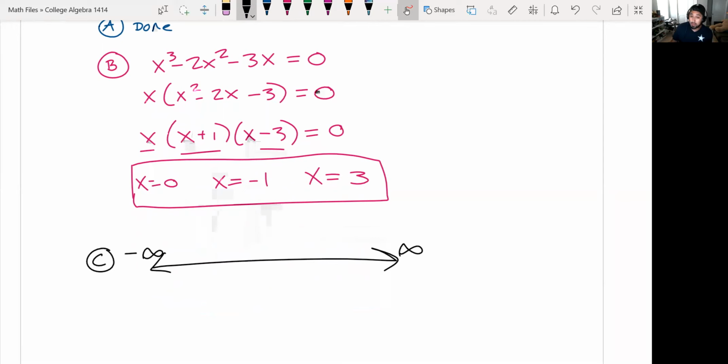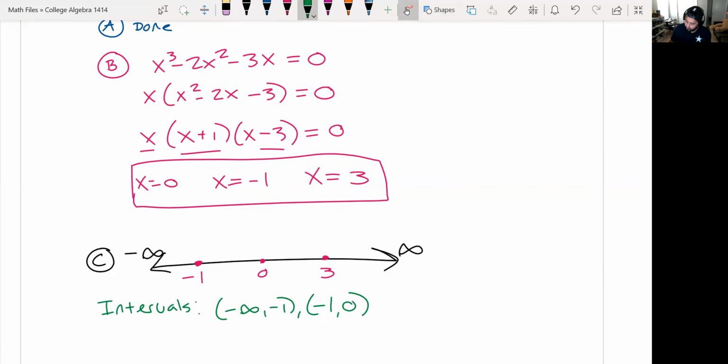I'm going to plot my x values: -1, 0, and 3. And now we're going to make intervals: negative infinity to -1, -1 to 0, 0 to 3, and 3 to infinity.